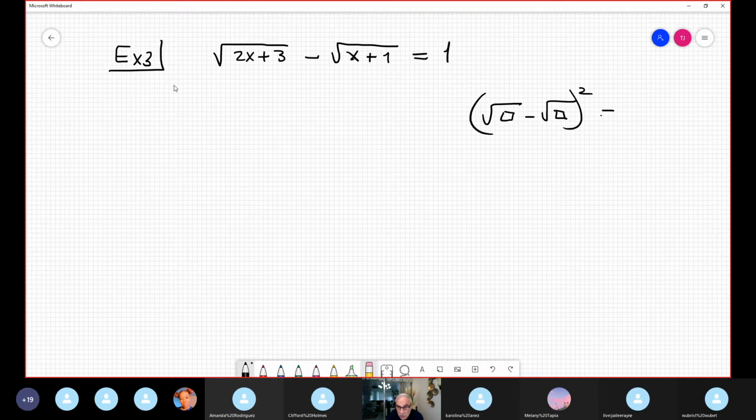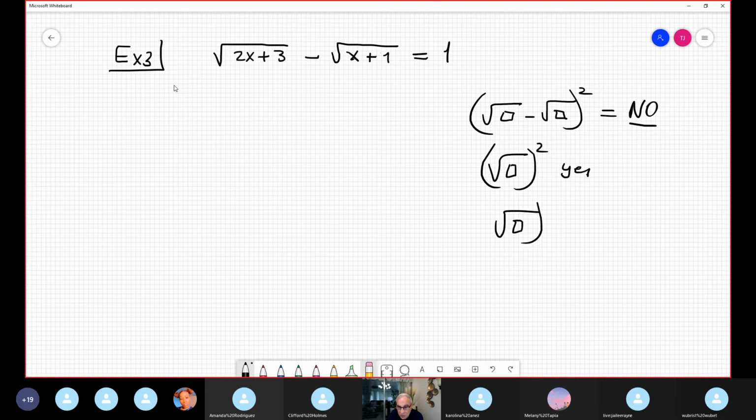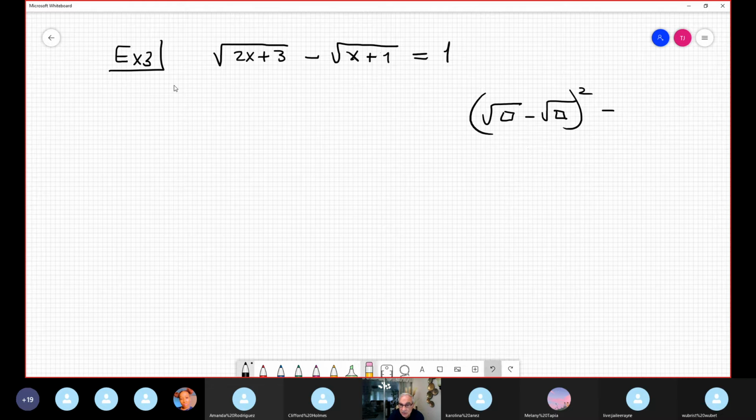No. This is impossible. You isolate one radical and square. And after manipulation, you isolate another radical and square. This is the way. We cannot eliminate both simultaneously. I wish, you wish, but no, it's incorrect. It's impossible.